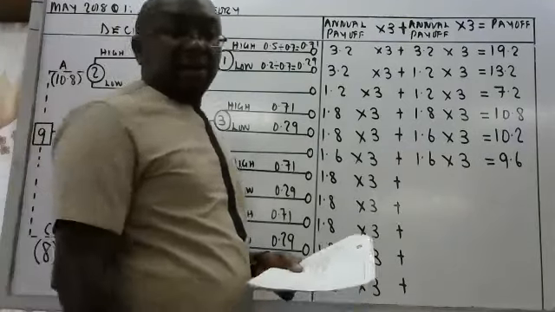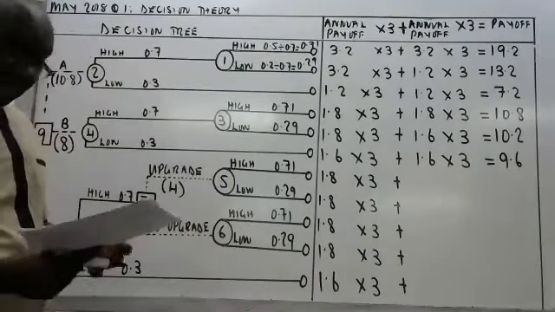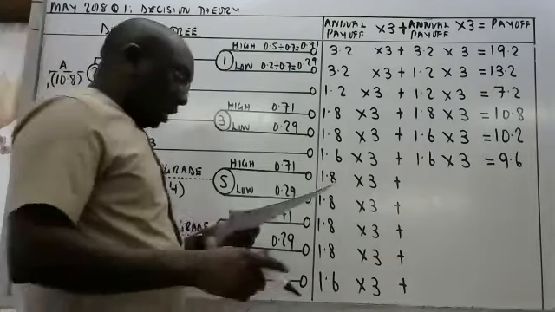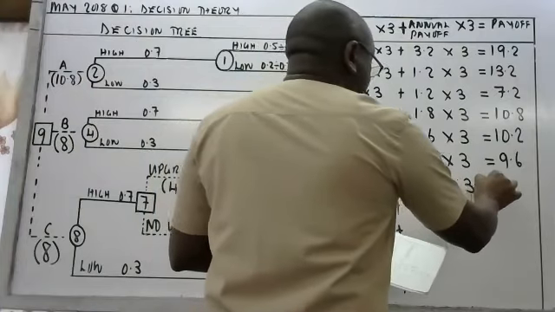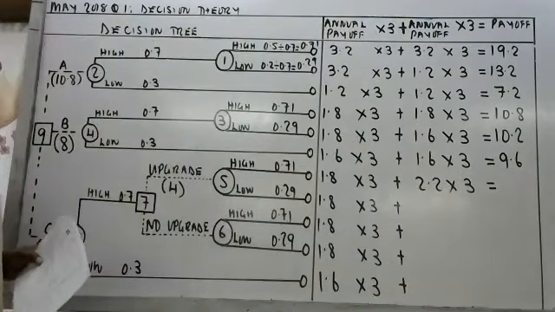So from there now, when you have upgraded and it turns to be high, you earn 2.2 for 3 years. So give me that.